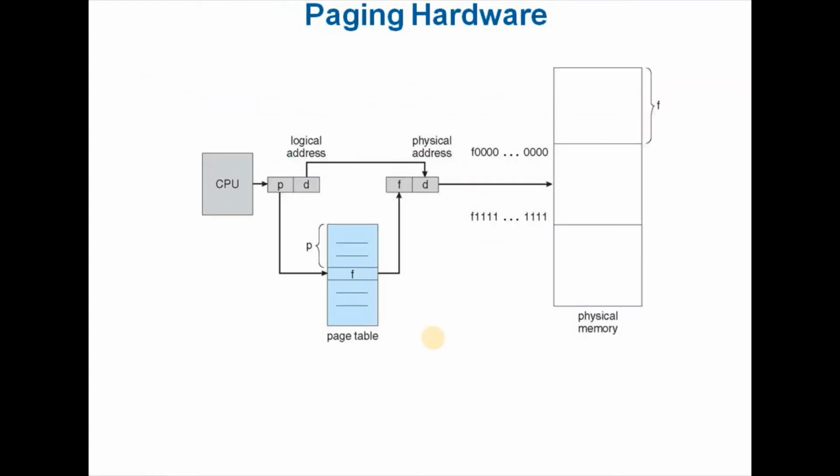So here is the paging hardware. Here we can see the CPU generates an address with a page number and a displacement. The page number gives the corresponding base address of the particular frame. From that frame number, from that location, we receive the frame base address, and we add this displacement to it to get the exact location.